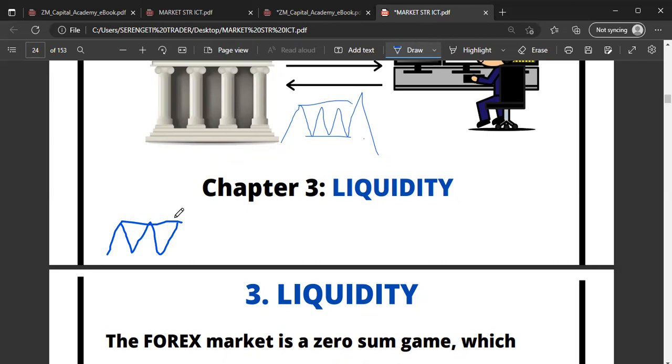Because it is resistance. Yes. So people are preparing to sell here, but in order for them to sell, there should be buyers. So they push it upper a little bit.